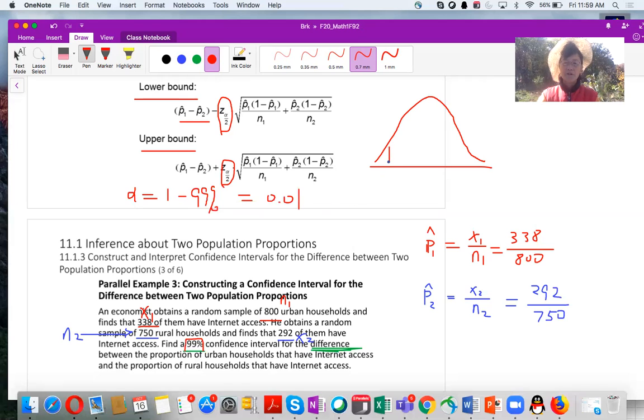Once alpha is 0.01, because this is a two-tailed test, each tail is just half alpha. That's why the critical value has subscript half alpha. So half alpha equals 0.005. There's another half alpha here.